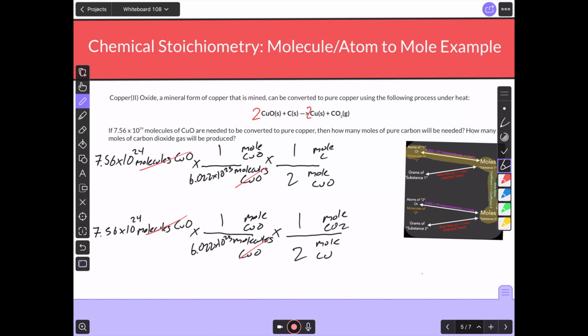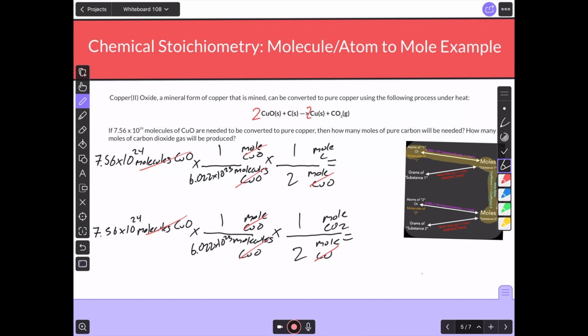2 to 1. So again, we have two problems that are essentially the same, but that's just by luck because the mole ratios just happen to be the same. So our math is essentially the same here. So 7.56 divided by 6.022 divided by 2.